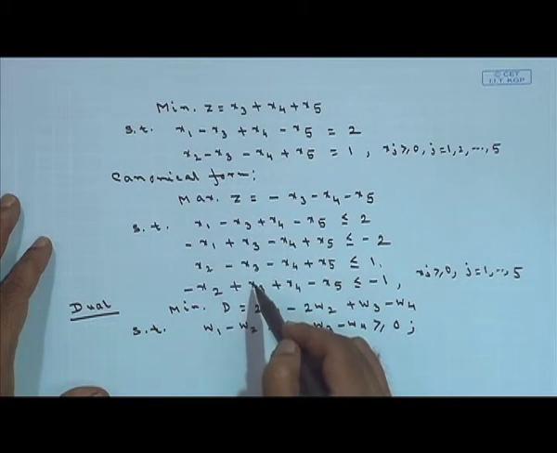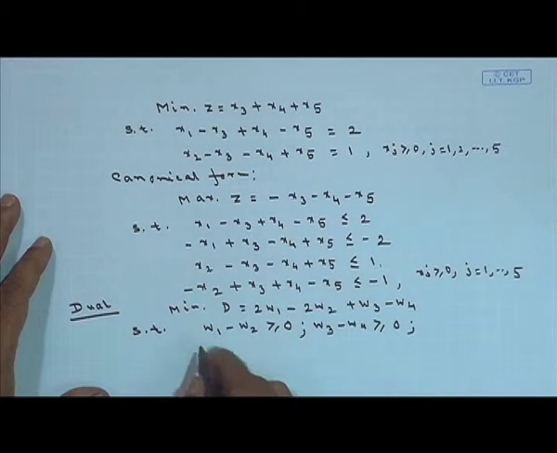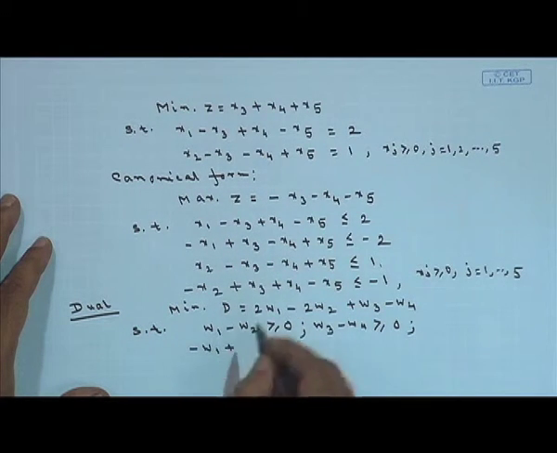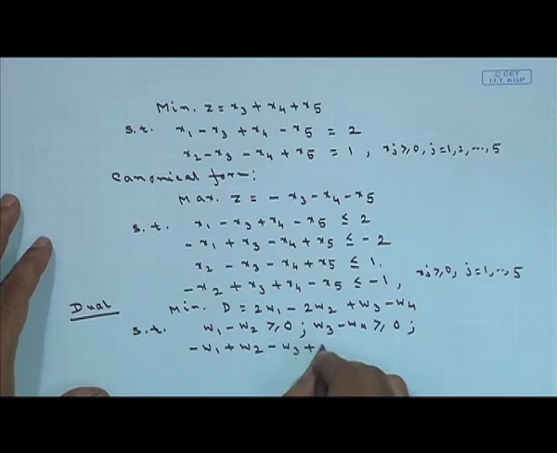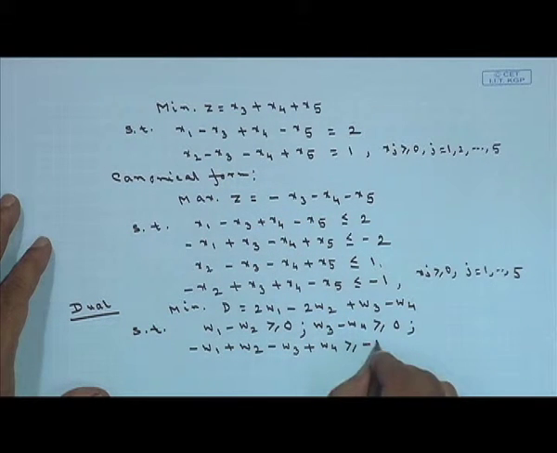Then x3 is present at all places, so it will be minus w1 plus w2 minus w3 plus w4, greater than or equal to the coefficient of x3 in the objective function, which is minus 1.